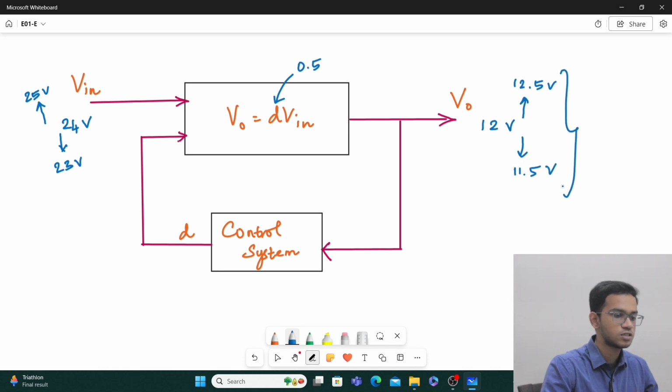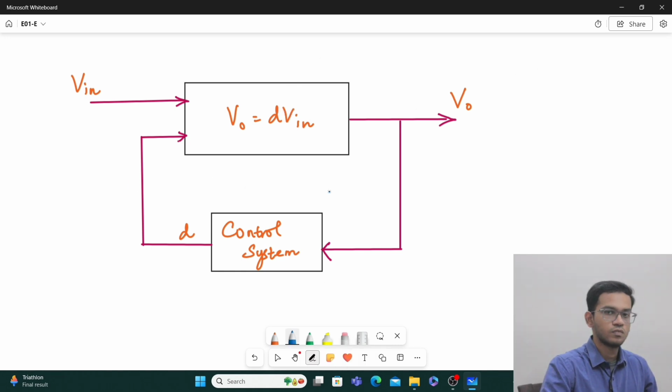This sort of change in the output voltage is not desired, because when we say DC-DC converters, we promise to deliver a fixed voltage at the output. Now, how to fix this? The fix for this problem is closed loop control. Assume that initially you have a fixed input voltage at your desired level.